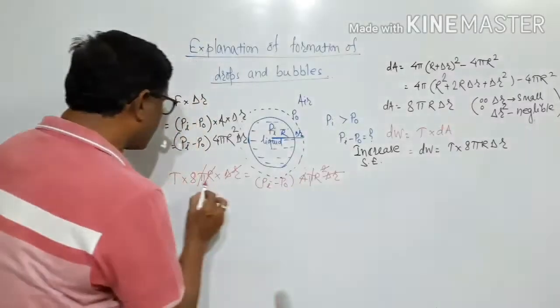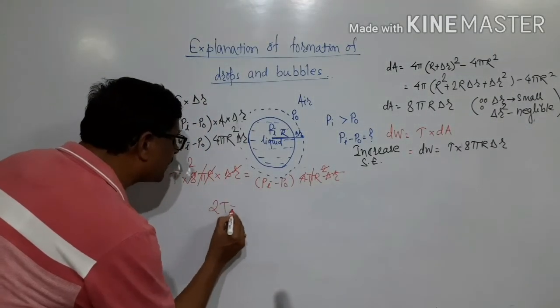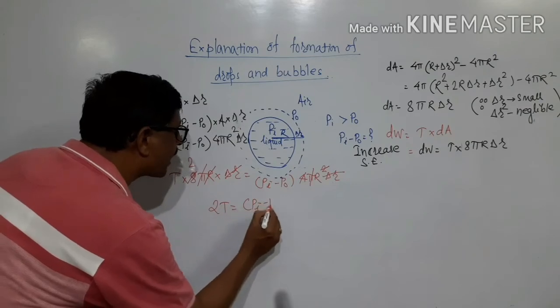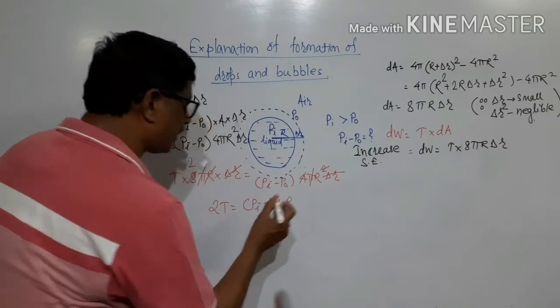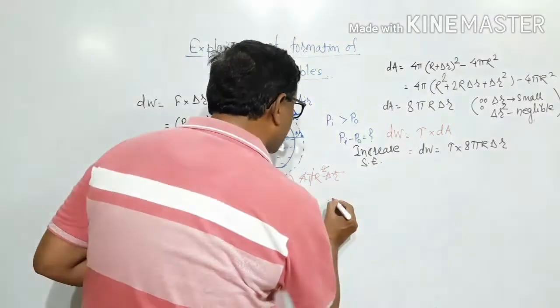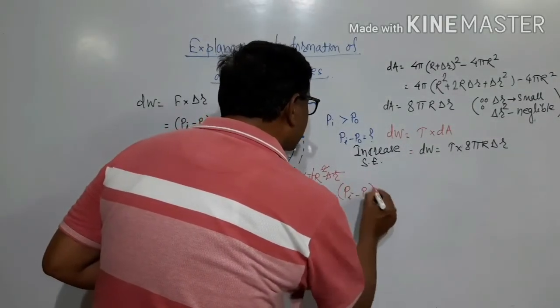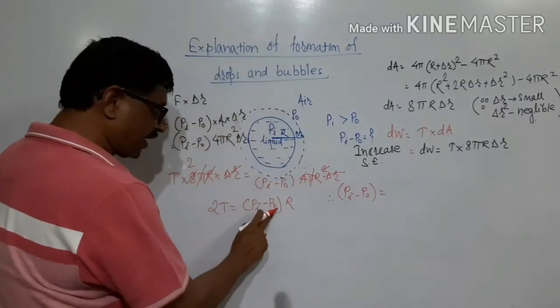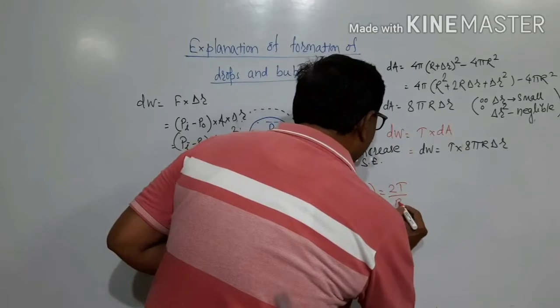Here is 4 and here is 8, and hence 2T is equal to Pi minus Po into capital R, and hence the excess of pressure inside the liquid drop, Pi minus Po, is equal to 2T divided by capital R.